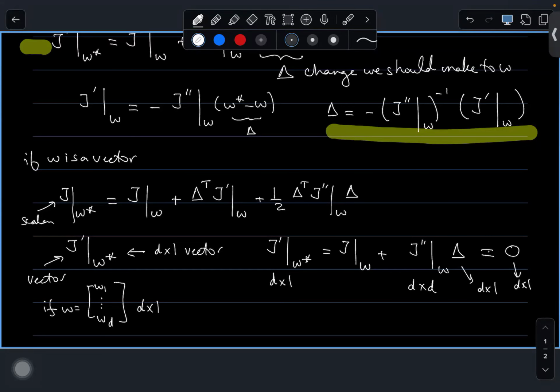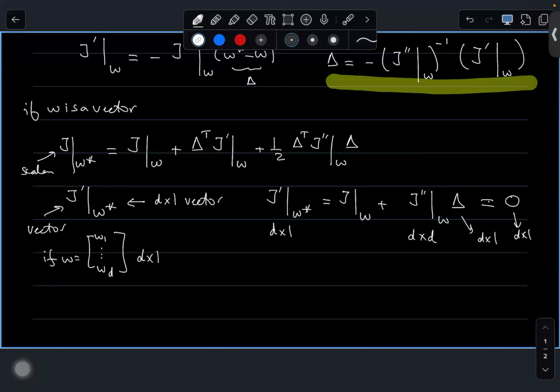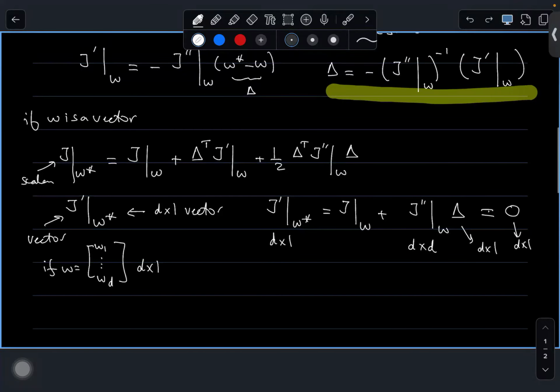So now I solve for delta. Let's write this out. J' evaluated at W is equal to minus J double prime evaluated at W times delta.